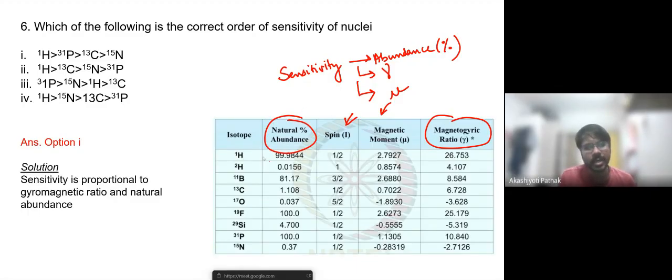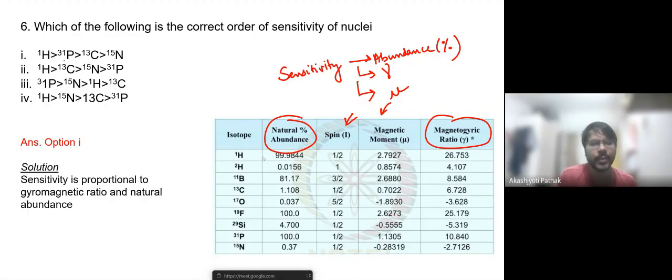Out of all these, you can see that proton has a very high percentage abundance, and it also has a very high gyromagnetic ratio. So proton has the highest sensitivity, followed by P31. P31 has a lower gyromagnetic ratio compared to proton, but it has a very high natural abundance, 100%.